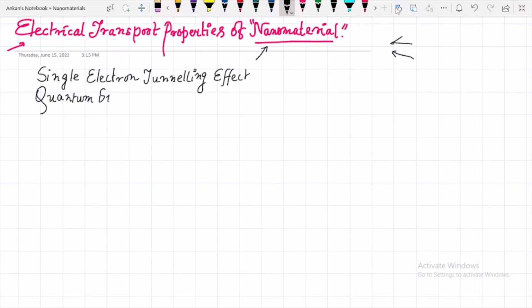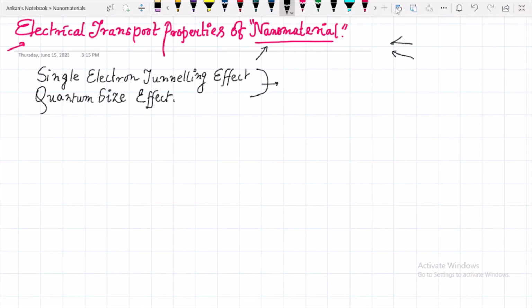Scientists were very eager and put in their effort to make an interplay between these two processes.